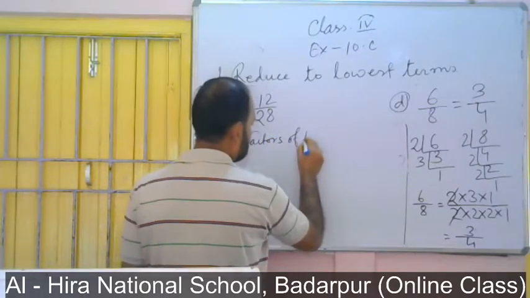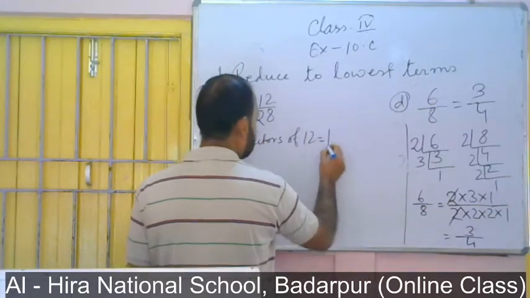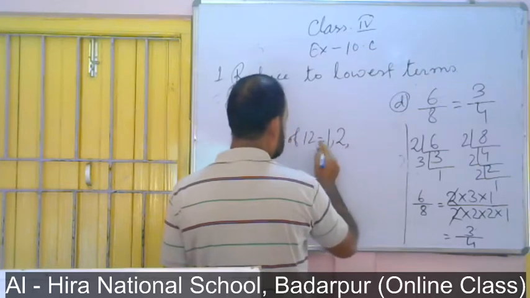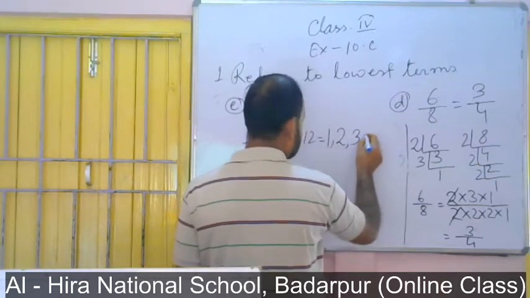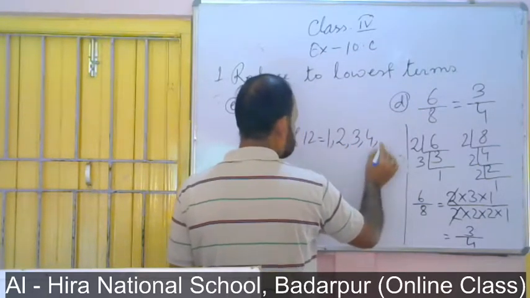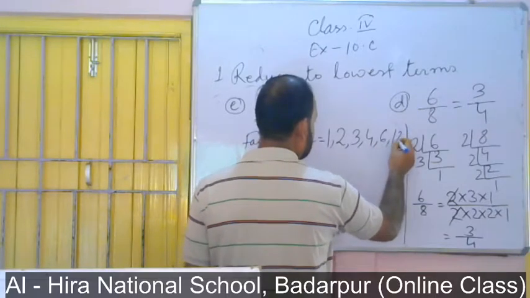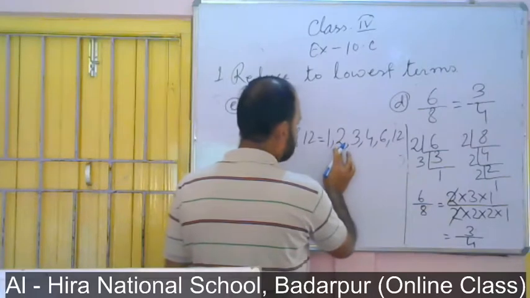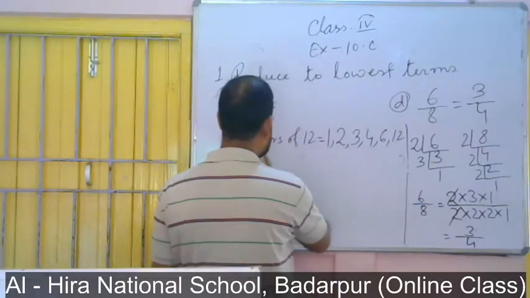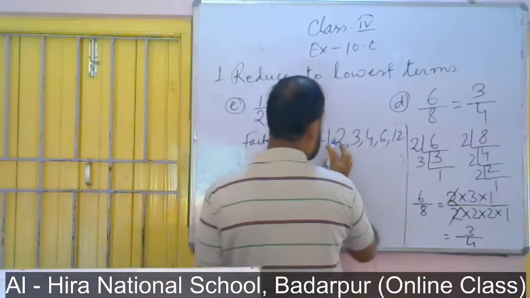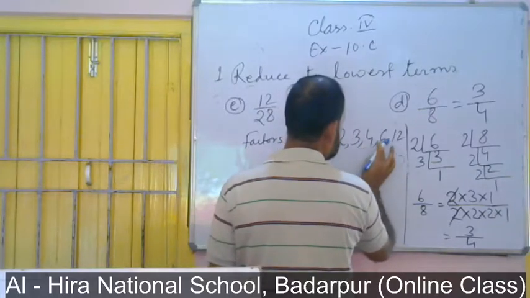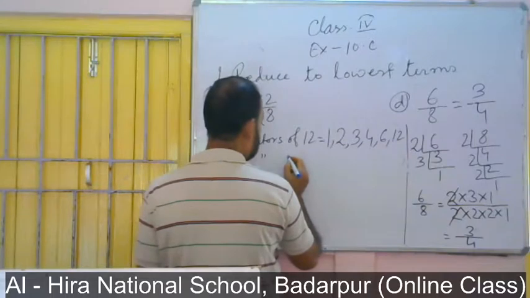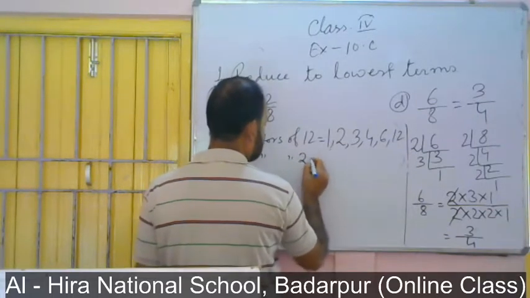Factors of 12 equal 12 times 1 is 12, 6 times 2 is 12, 3 times 4 is 12, 4 times 3, 6 times 2, and 12. So the factors of 12 equal 1, 2, 3, 4, 6 and 12. Now the factors of 28.